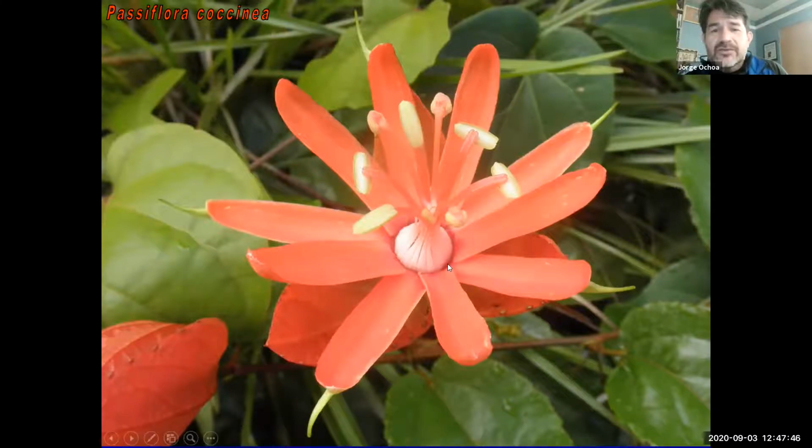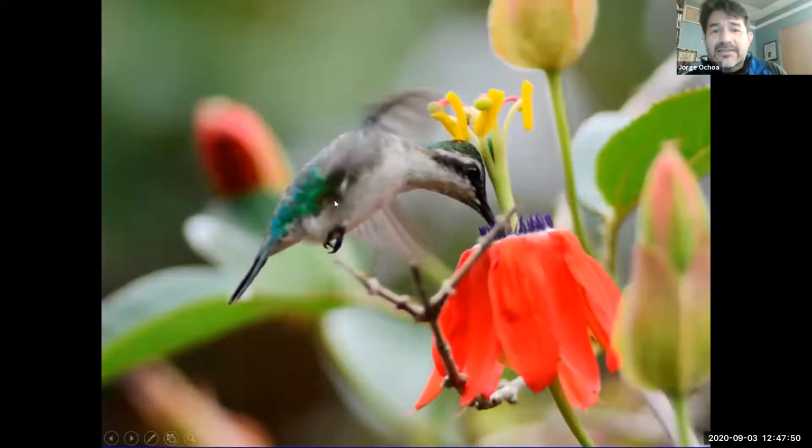You're also going to see that the column, the structure in the middle, is going to be high because there has to be enough space for the hummingbird to put the beak in, take the nectar, and the pollen needs to be deposited on the back of the bird. So the length of the column is going to be much, much longer than with other pollination syndromes. You can see the reflexing of the petals, so they go straight down. So this hummingbird is not landing anywhere.